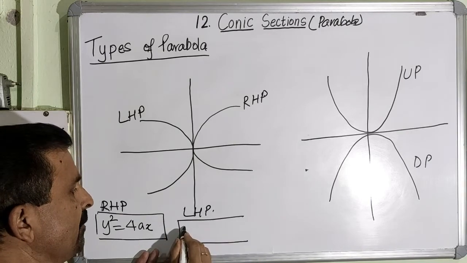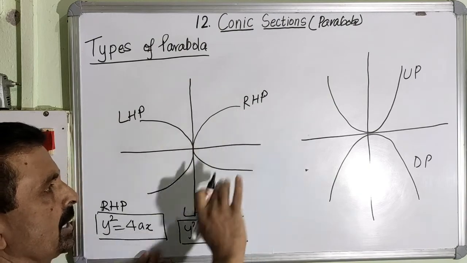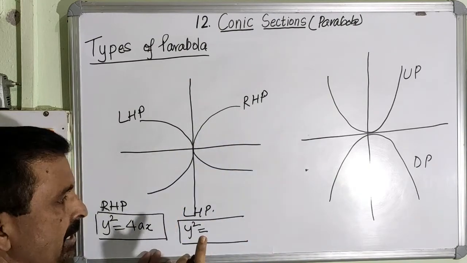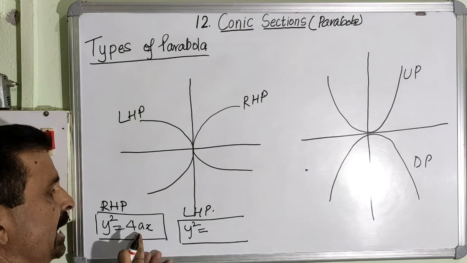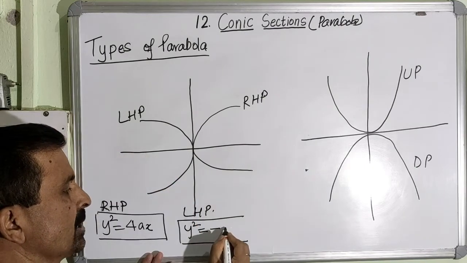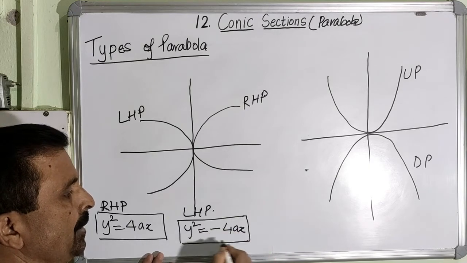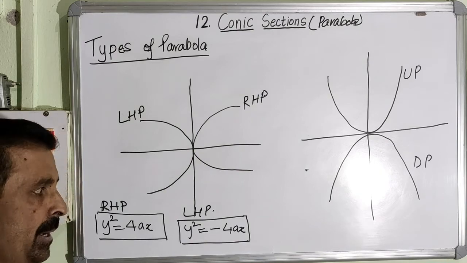This is y square, and in place of positive, because on the number line towards this side is positive, that is why we took this as positive 4ax. If it is a left-handed parabola, then the equation will become minus 4ax. This is the equation for the left-handed parabola.